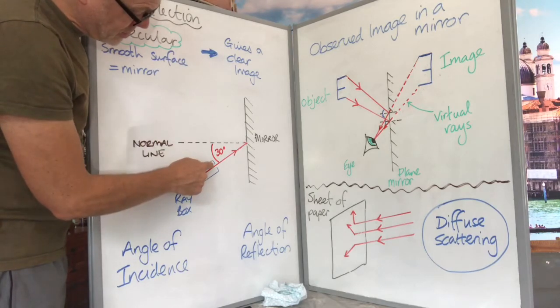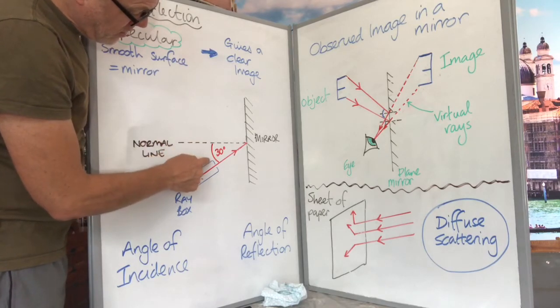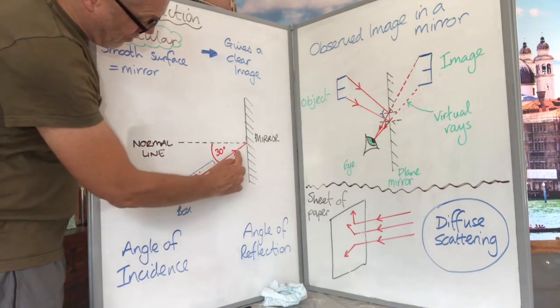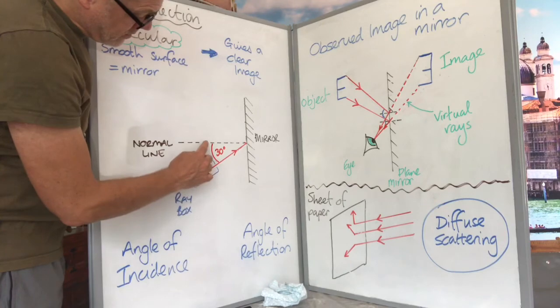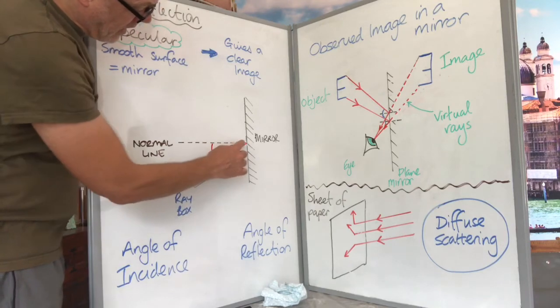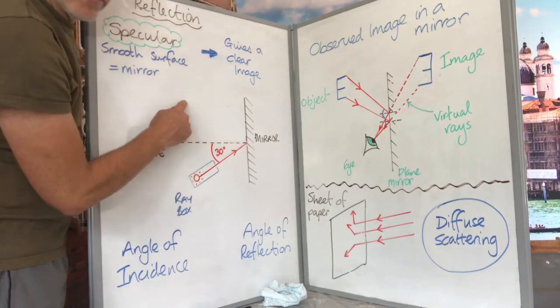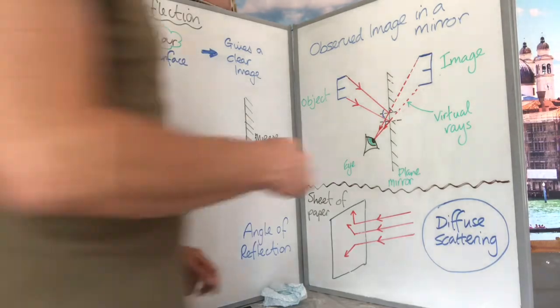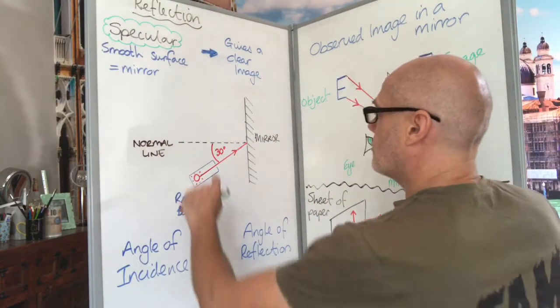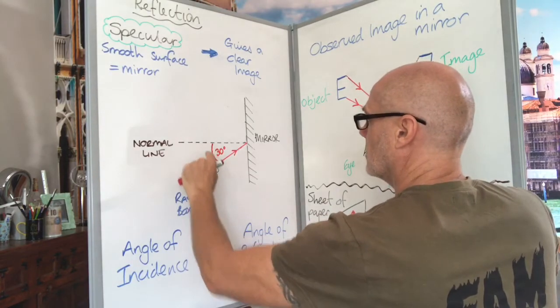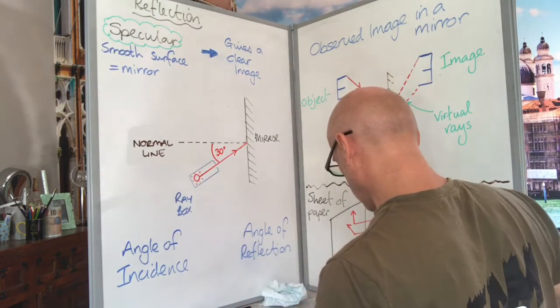Okay, so you would measure the angle from this ray of light, the incident ray, to the normal line, and then the angle of the reflected ray. Okay, so let's look at that in a little bit more detail. So you'd use a protractor and we'd measure this angle. So for argument's sake, this is 30 degrees.